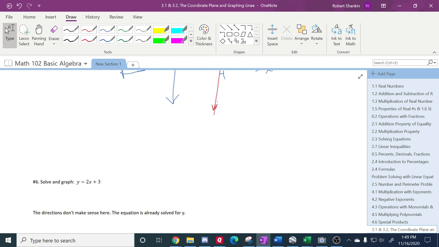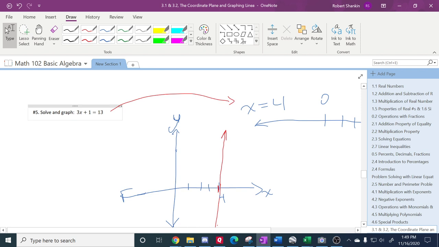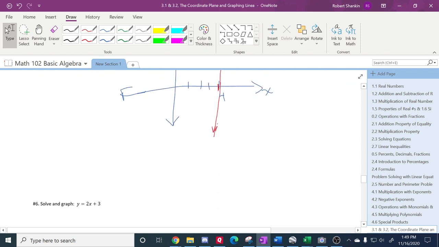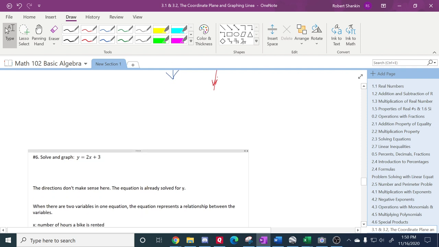You just get y alone on one side. In this one, there was just one letter x in the equation, so we could solve and graph. When there's two letters, x and y, then we start to have this problem. The equation is already solved for y.